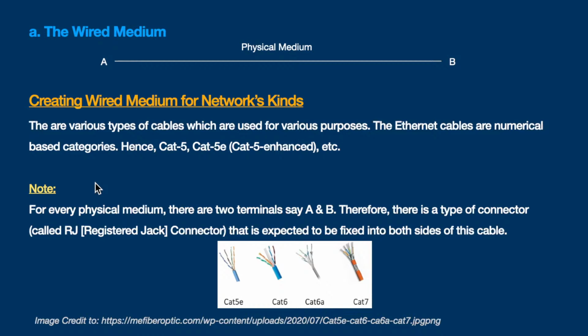The Ethernet cables are numerical-based categories. Hence we have cat5. That cat means category. The 5 is just a number to make differences between those wires. We have cat 3, cat 4, cat 5, cat 6, 7 and 8. You will see that now.